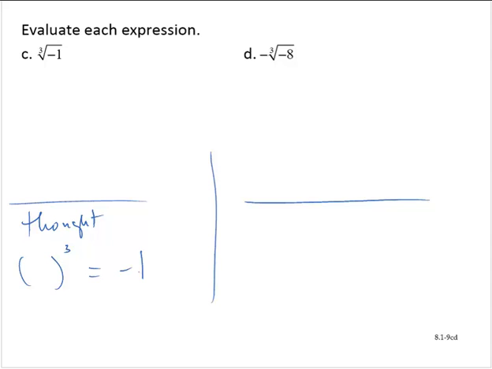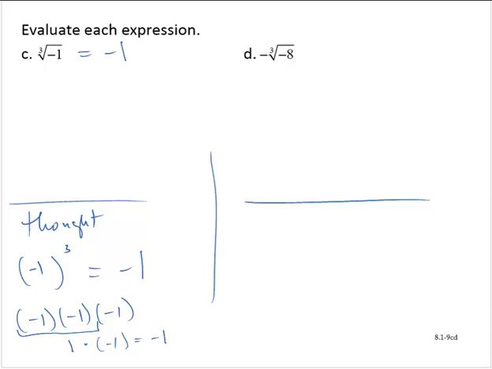And the answer is yes, there is. In fact, that number is negative 1. Negative 1 times negative 1 times negative 1. If we move from left to right, negative 1 times negative 1 is positive 1, times negative 1 is in fact negative 1. So the cube root of negative 1 is negative 1.